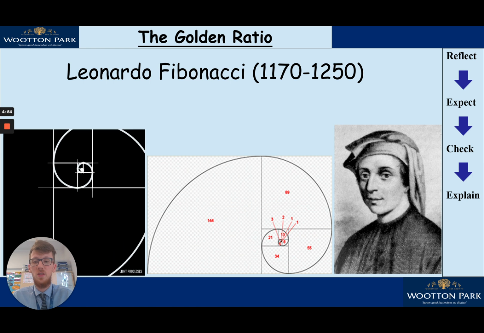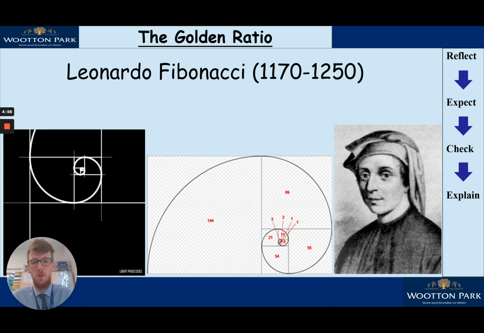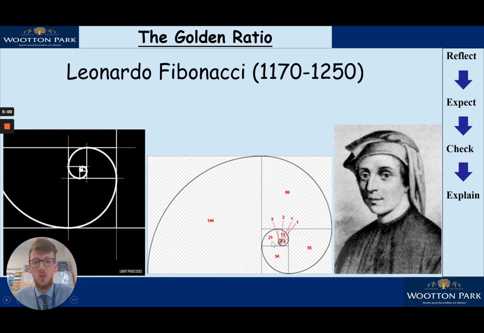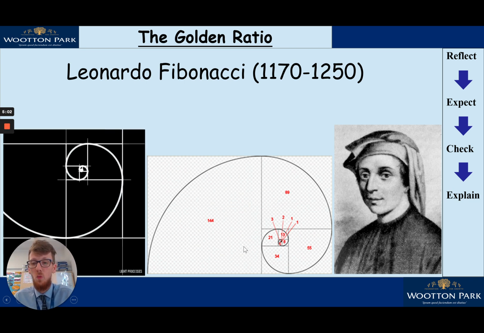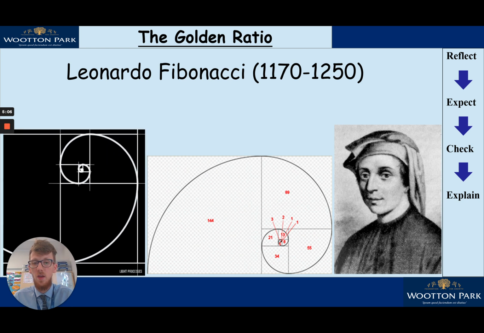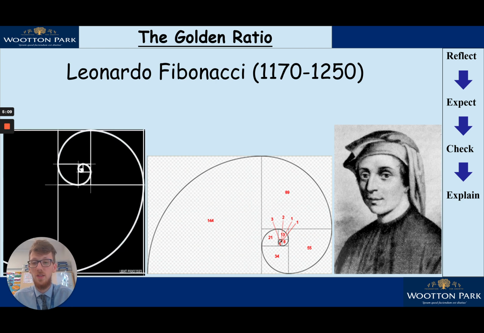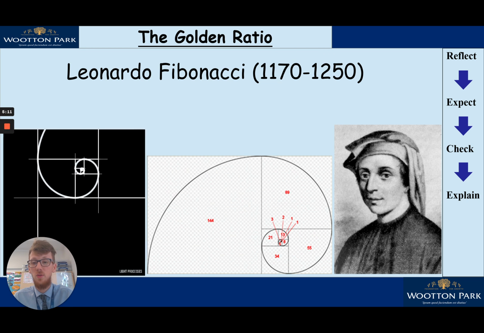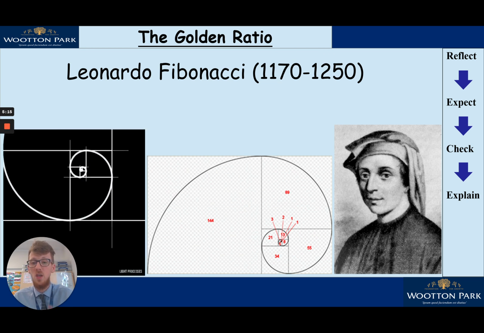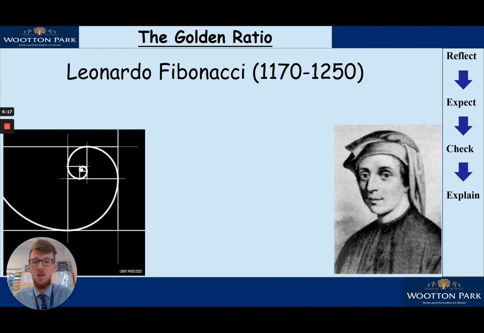And if we looked at this sequence geometrically by applying some shapes to it, he found that if you drew a 1 by 1 square, and then next to it another 1 by 1 square, and then a 2 by 2 square next to that, and then a 3 by 3 square, and a 5 by 5 square, and then an 8 by 8 square next to that. So each square's side length is those numbers in the sequence.